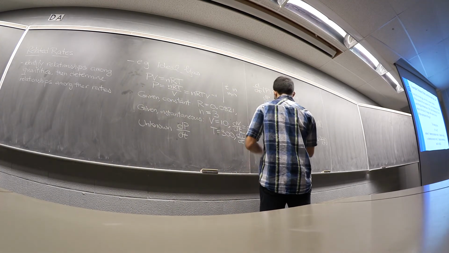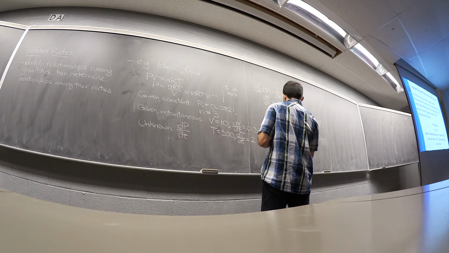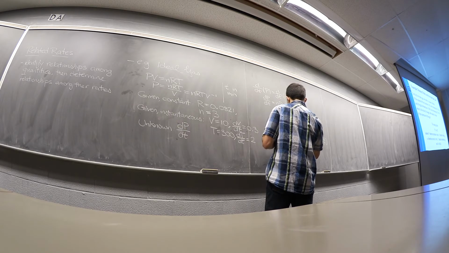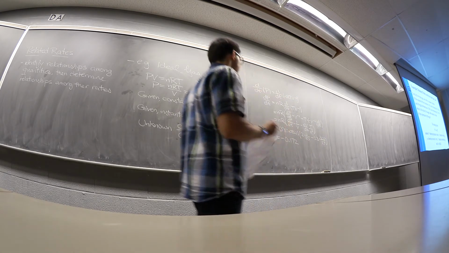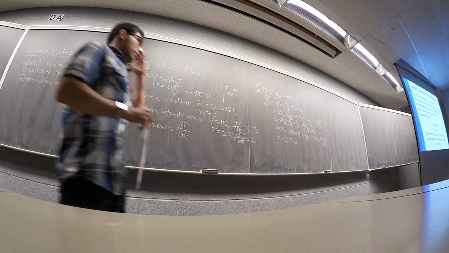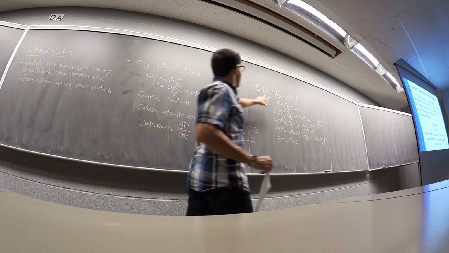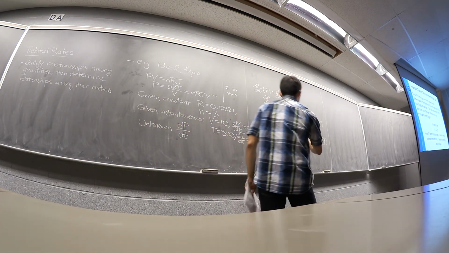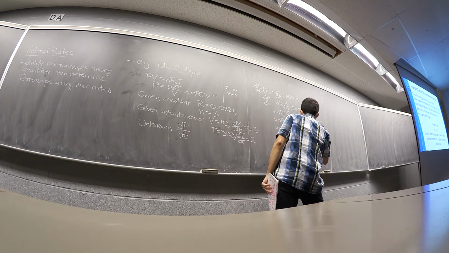Then you use your calculator to get minus 0.172. And what are the units? Time was in minutes, pressure was in atmospheres, so if you need to say units, this would be in atmospheres per minute.